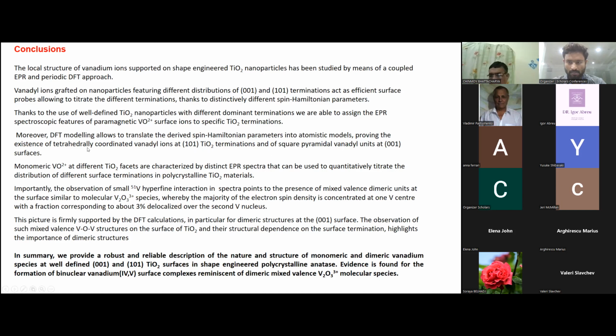We found that they are completely different: square pyramidal for one surface, and a sort of tetrahedron for the other surface.